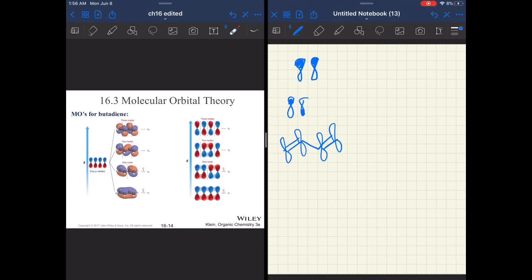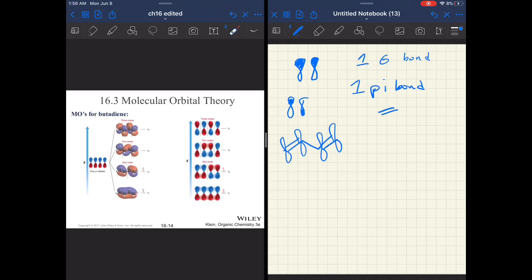So when we think about how many electrons are present in the pi bonds, we want to remember that a double bond is 1 pi bond and 1 sigma bond. We're not worried about the sigma bonds. We're not looking at them. We're not thinking about them.